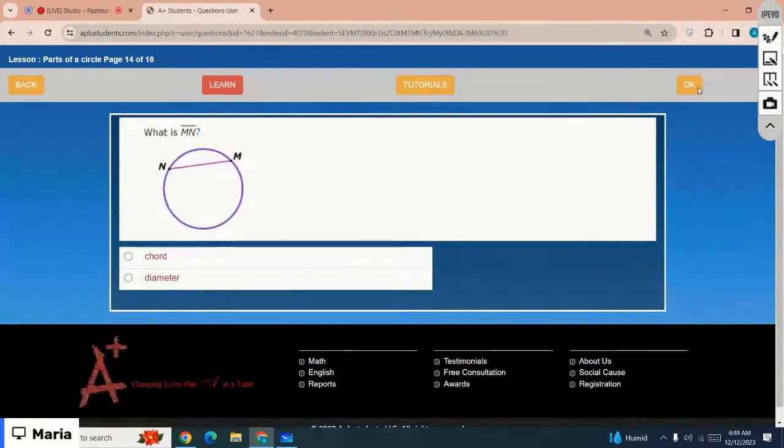And chord or diameter, which is the correct option? The correct option is MN is the chord on a circle.